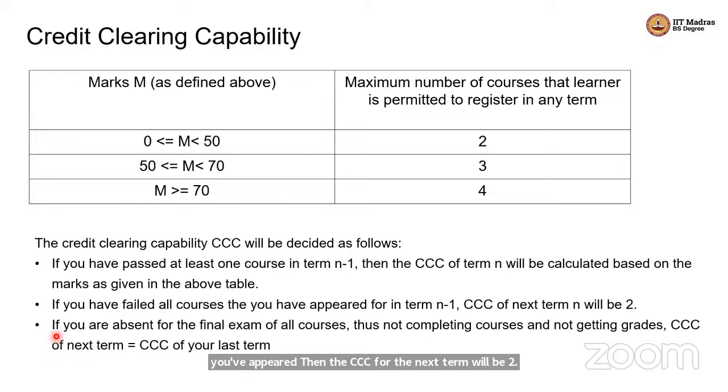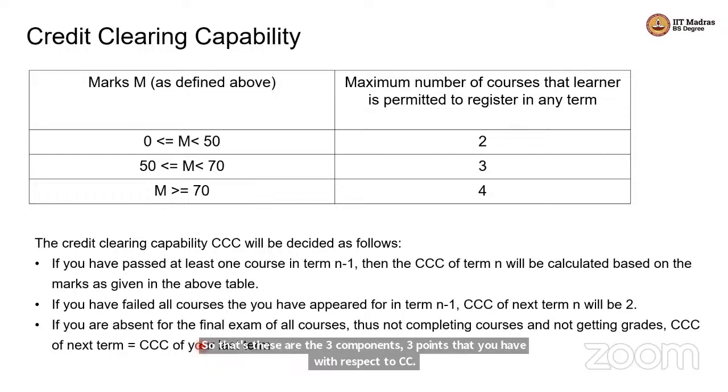And the last point is if you are absent for the final exam of all the courses, thus not completing the courses and not getting a grade, in that case, the CCC of the next term will be the CCC of your last term. It means that suppose this is the first term, you are absent in all the final exams, then the CCC for the next one will be similar to what you had for the first term. So these are the 3 points that you have with respect to CCC.